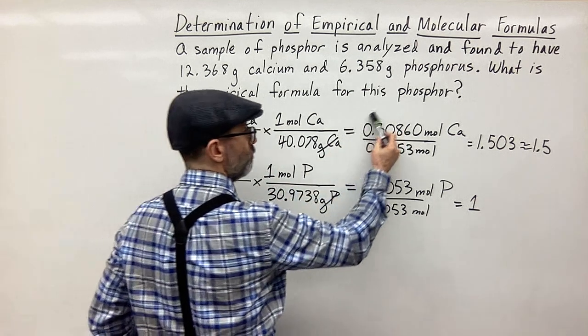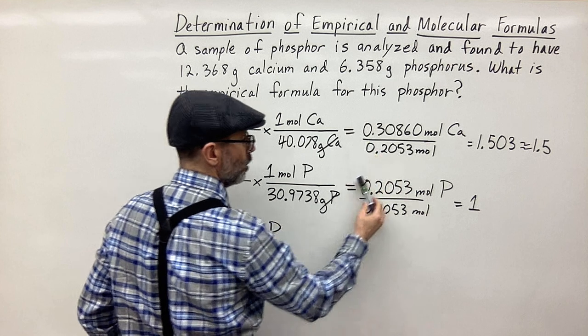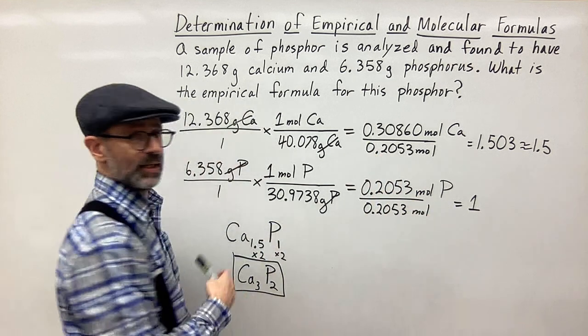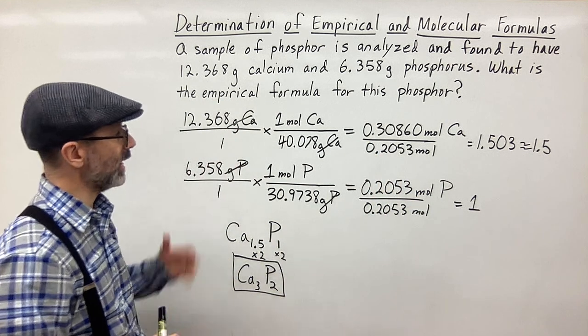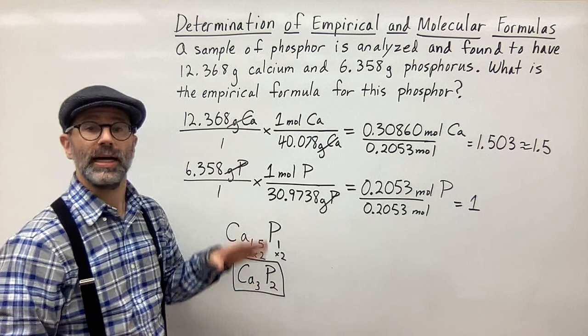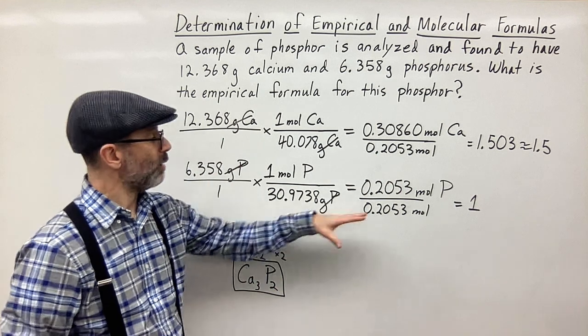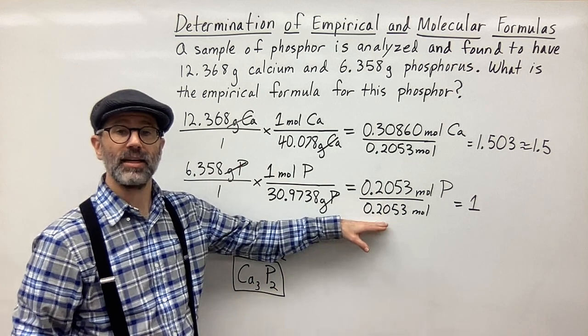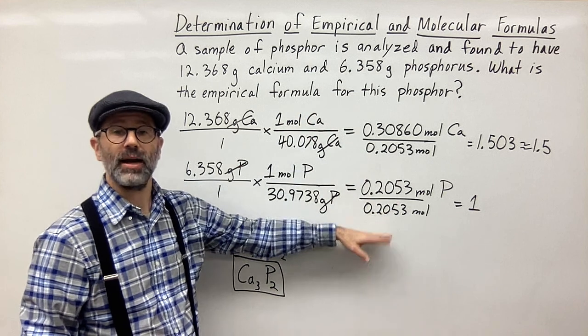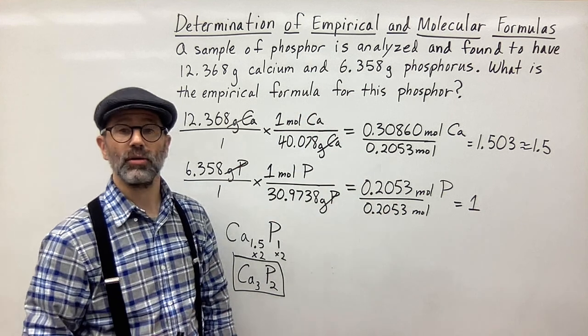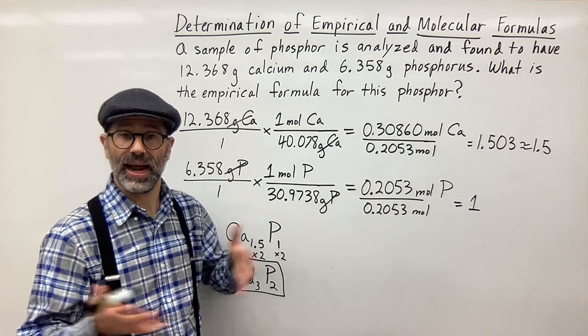So here we have moles of calcium, moles of phosphorus. That's step 1. The next step is to get a mole ratio of 1 to something. And we're going to do that by dividing all of the moles that we got by the smallest mole amount of whichever element that has that smallest amount.